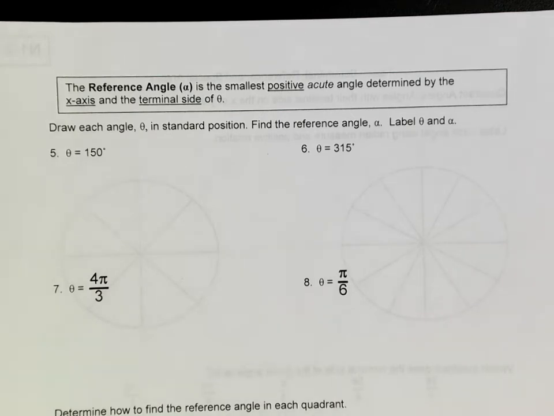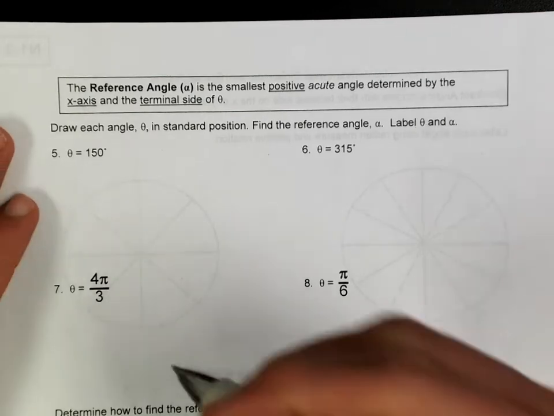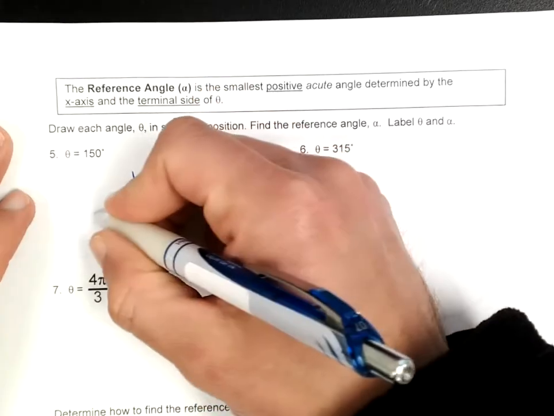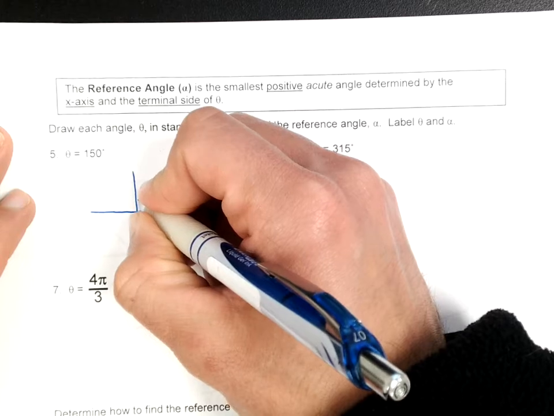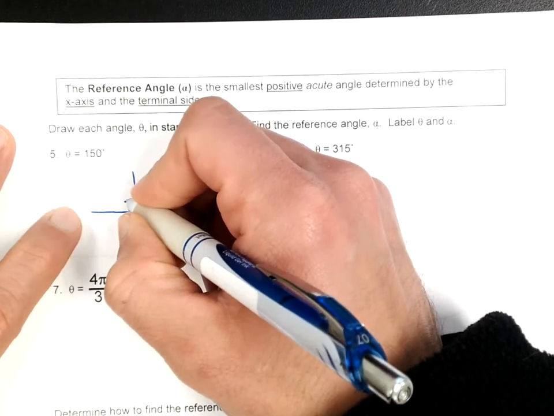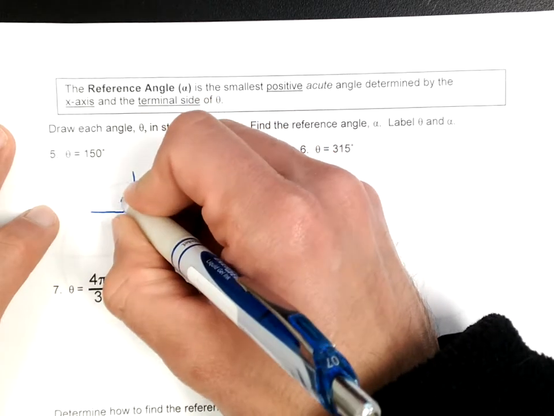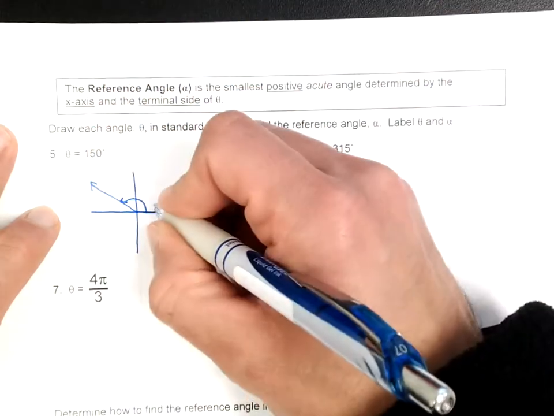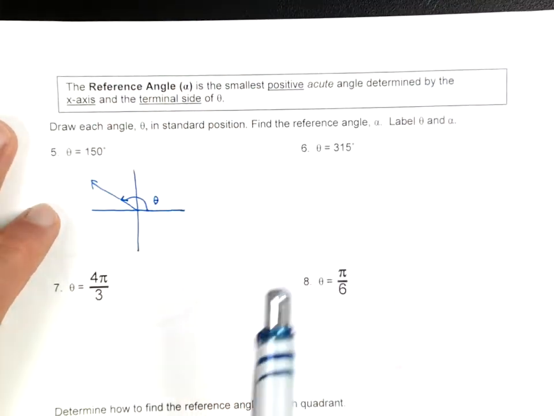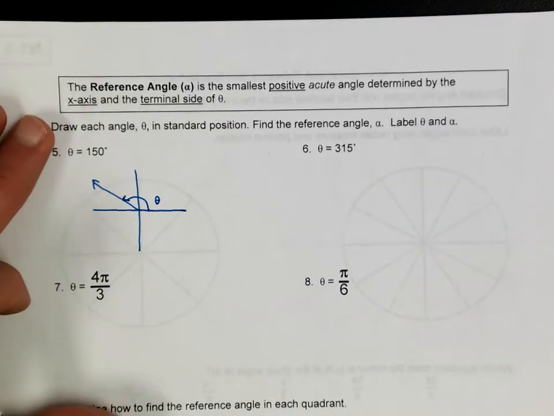For example, if I have 150, I'm going to draw a picture here. So 150, remember this is 90, this is 180, right? So 150 would be around here. So you have some angle, and they call this angle theta, right? So the reference angle is this one.